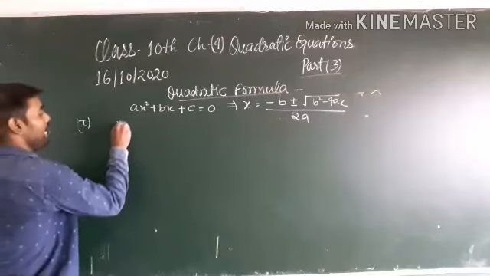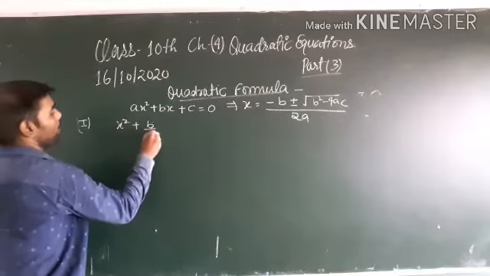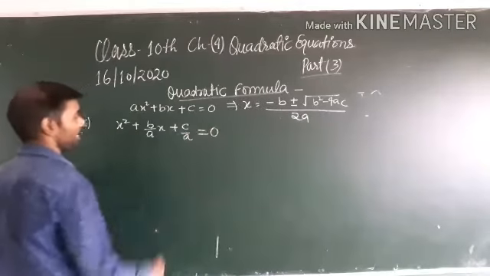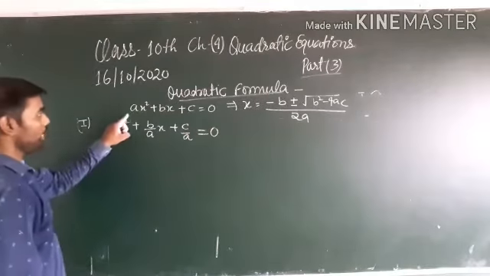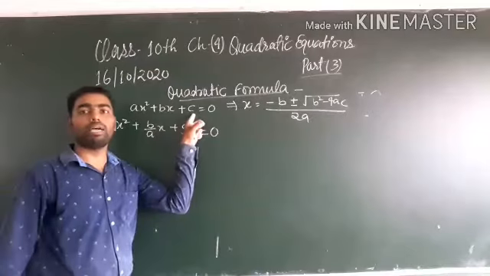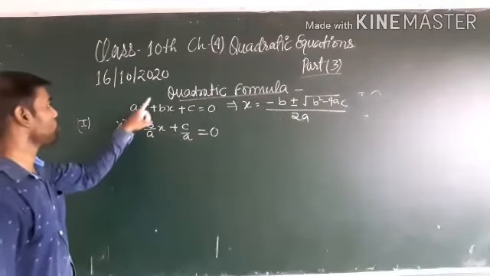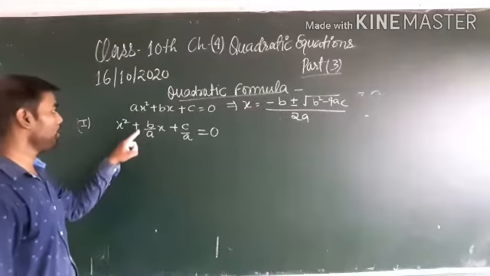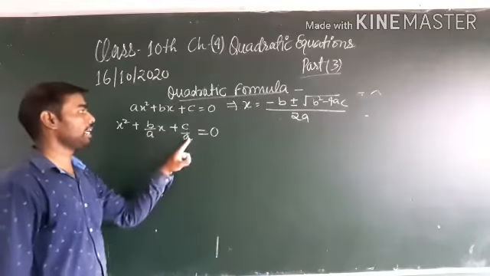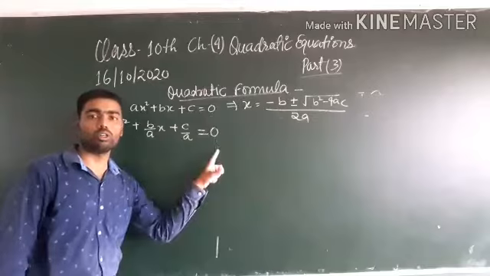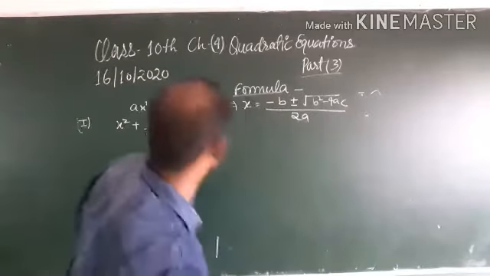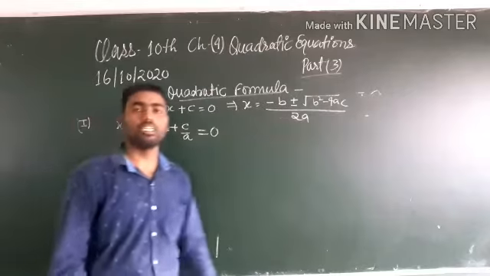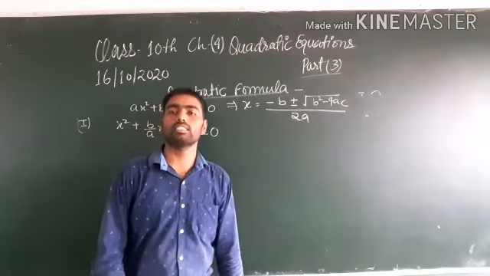We get x square plus b by a x plus c by a is equal to 0 by a, which means 0. When we divide this quadratic equation by a: ax square upon a is x square, plus bx upon a is b by a x, plus c by a is equal to 0 by a, which is 0.